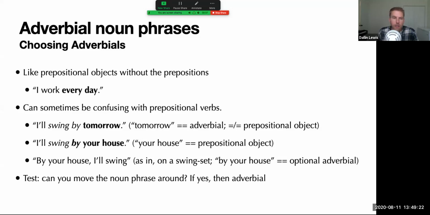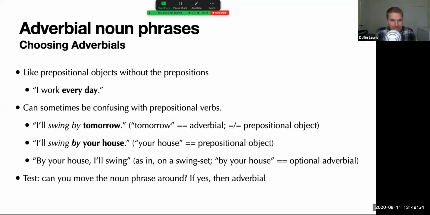It's modifying work. Now, note when you're parsing a sentence, it might be difficult to figure out if a noun is functioning as an adverbial or perhaps as the direct object, either of a verb or a preposition, because it's going to look basically the same. Remember that prepositions require nouns as their objects, and certain verbs require direct object nouns as well. So it can be hard to figure out, is this an adverbial noun or is this an object noun?